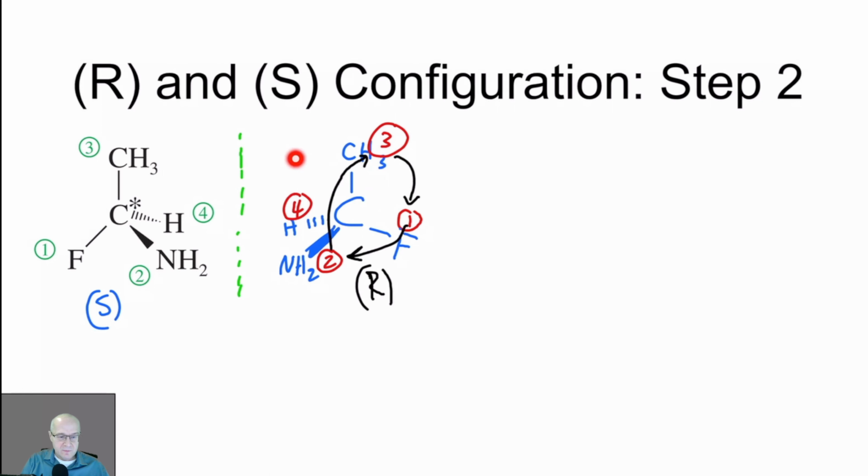R, right. And if you're not R, you're S. That's how I remembered it when I was a student. If I'm going clockwise, that's to the right. That's R. If I'm going counterclockwise, that's the opposite of R, so it's S. Okay? And that's how I do it.